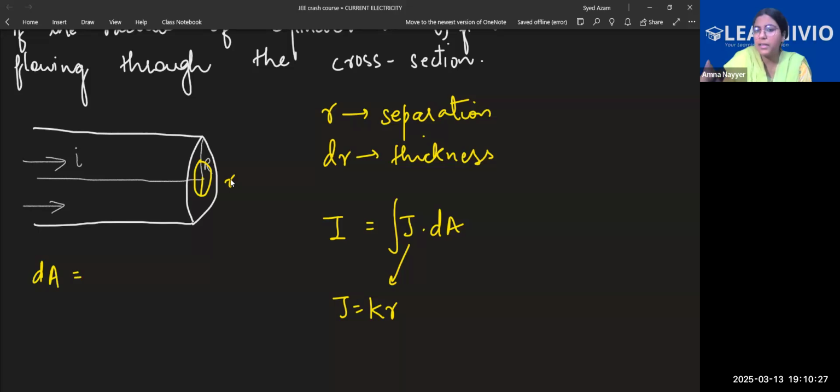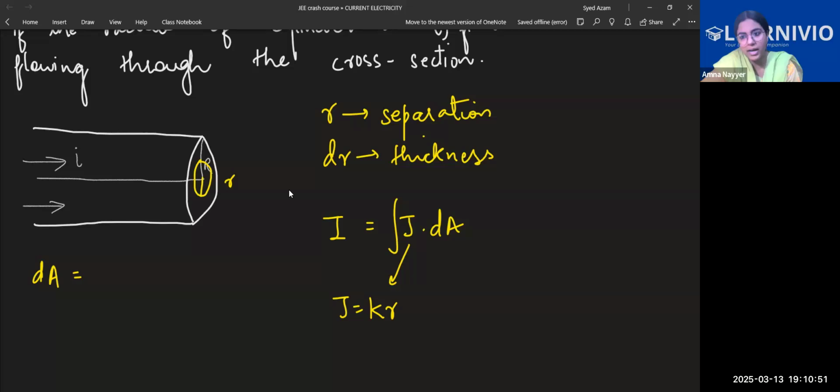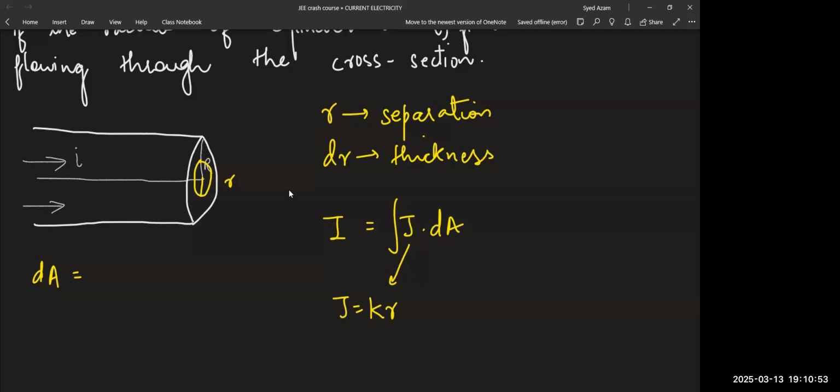r is the radius, dr is the thickness. Can you think of the area? What's the area of a circle? Pi r square. What's the circumference of a circle? 2 pi r.